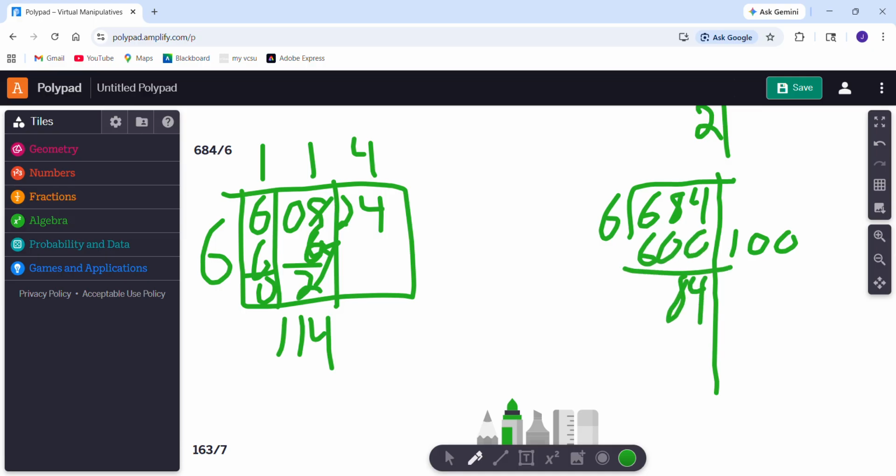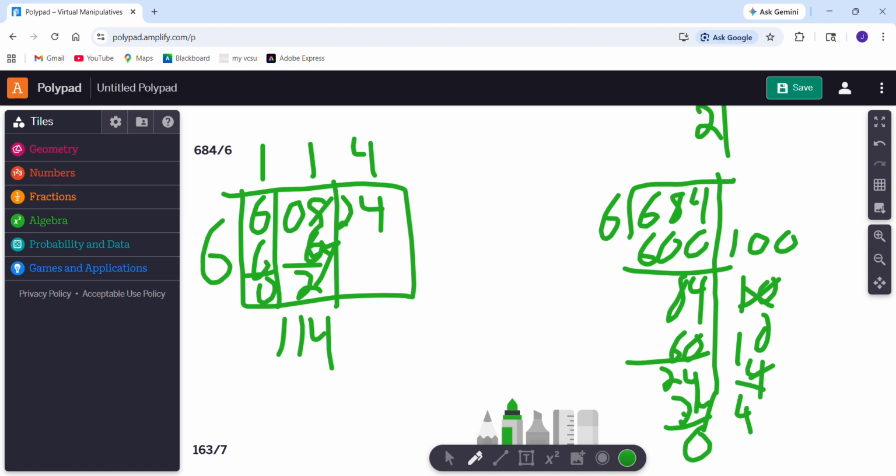And 6 times 10 gives us 60. 84 minus 60 is 24. And then we know that 6 times 4 gives us 24. 24 minus 24 is 0. I did that in the wrong spot again, too. So we've got 100 plus 10 plus 4, 114. That is your answer. Boom. Moving on to the next one.